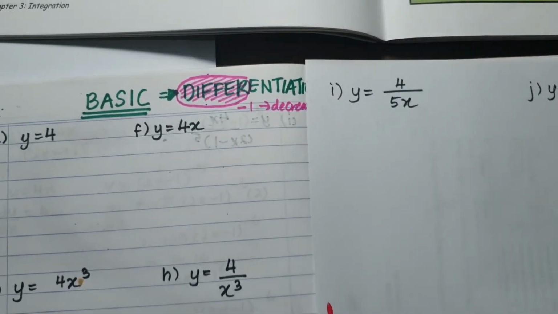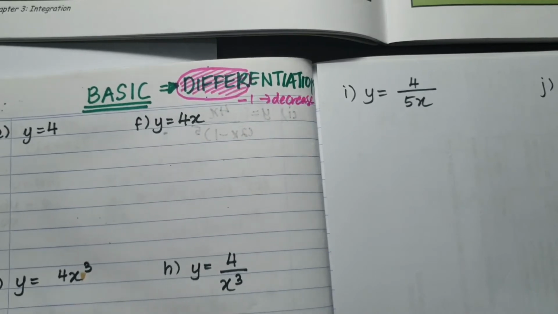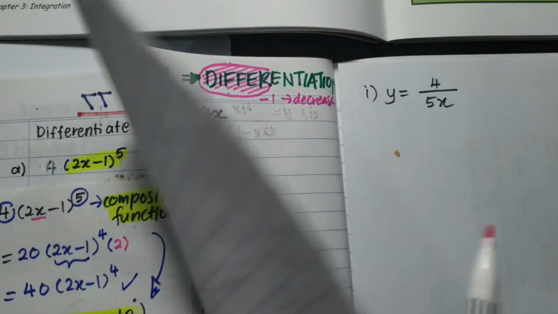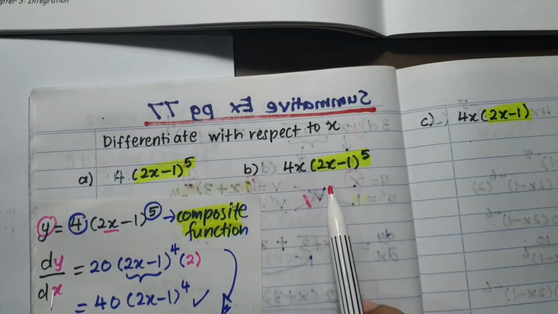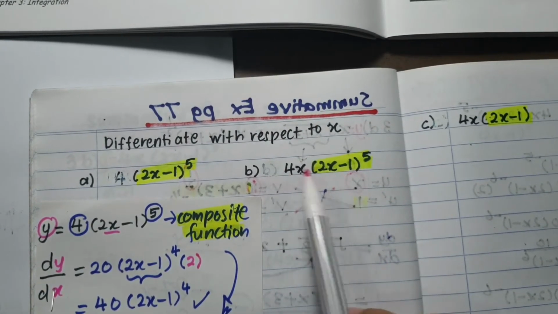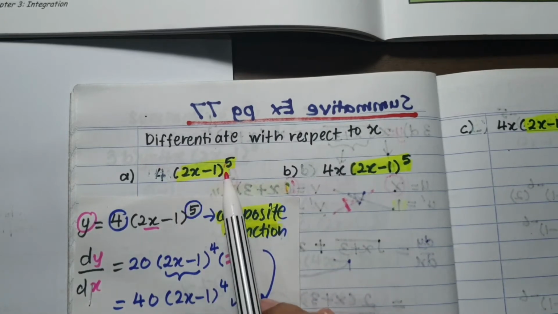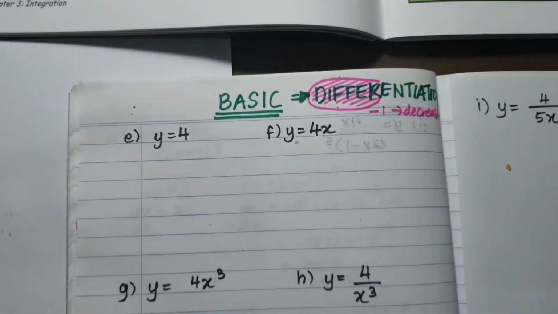You must know how to differentiate all these types of function, when to apply the product rule and when to apply the composite rule. Then kita ada jenis yang bracket macam ni. Ini kita panggil composite function, where you have a bracket with power of more than 1. Okay, let's start with the basic one.